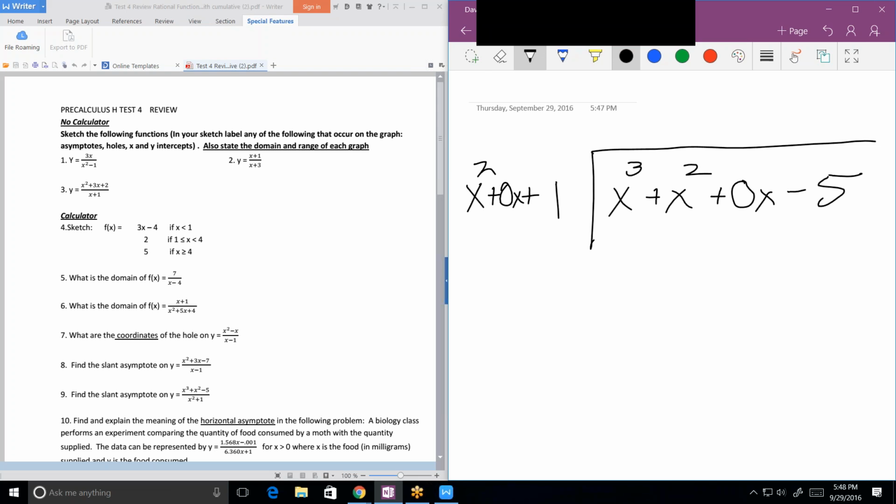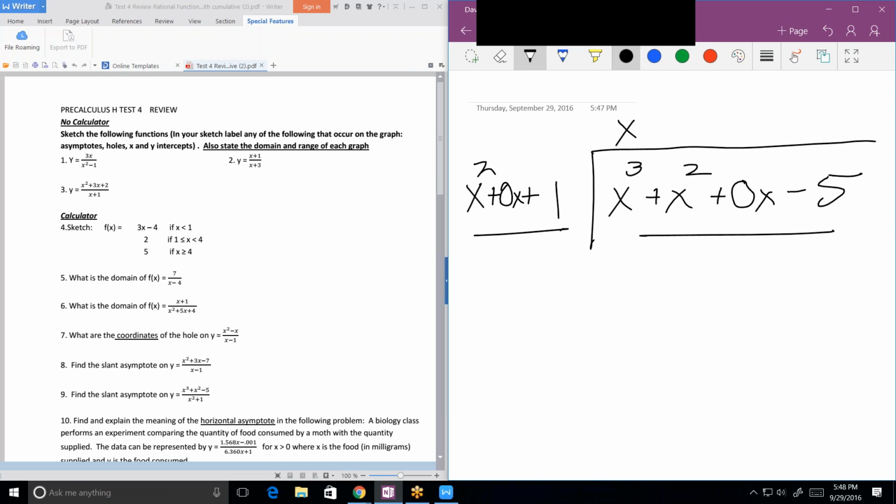So if I'm dividing something by x squared plus 1, I'm really going to divide this polynomial by this whole polynomial. What's the first step? Would the top just be x? Correct. Now multiply that x by all 3 terms. Now we put in these dummy variables so everything will line up.